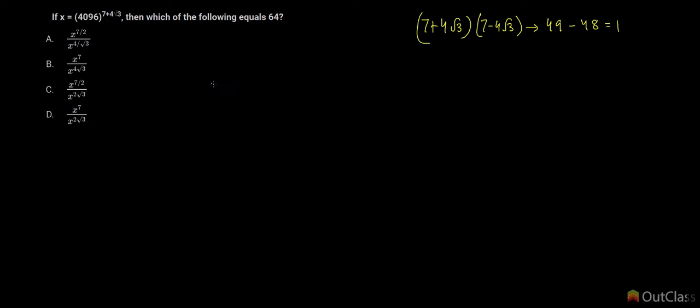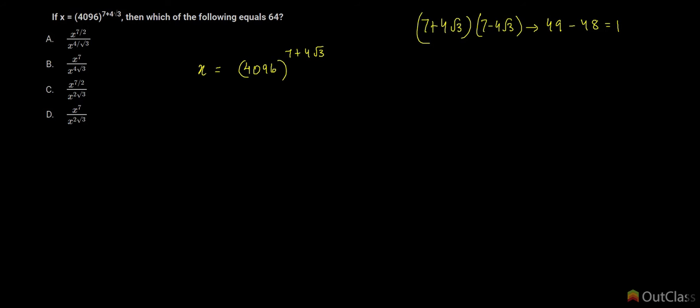Anyway, what you need to do here is start with x is equal to 4096, which is 64 square, raised to 7 plus 4 root 3. I want to get rid of this power. If I can get rid of that power, I'll have 4096. After that, I can take square root and get 64, which is my target value on the RHS.